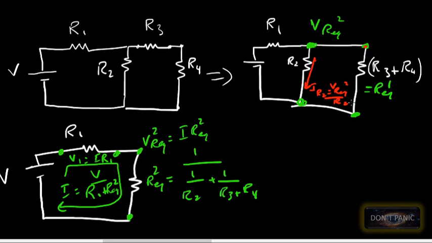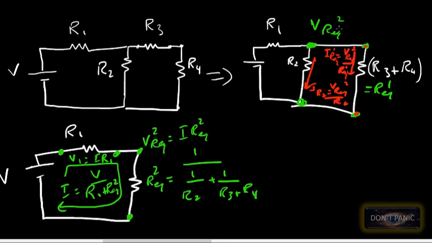Okay, and then what about this one? We know the voltage is this, so we can find the current. The current in this branch, R equivalent 1 branch, is going to be VREQ2 divided by REQ1.